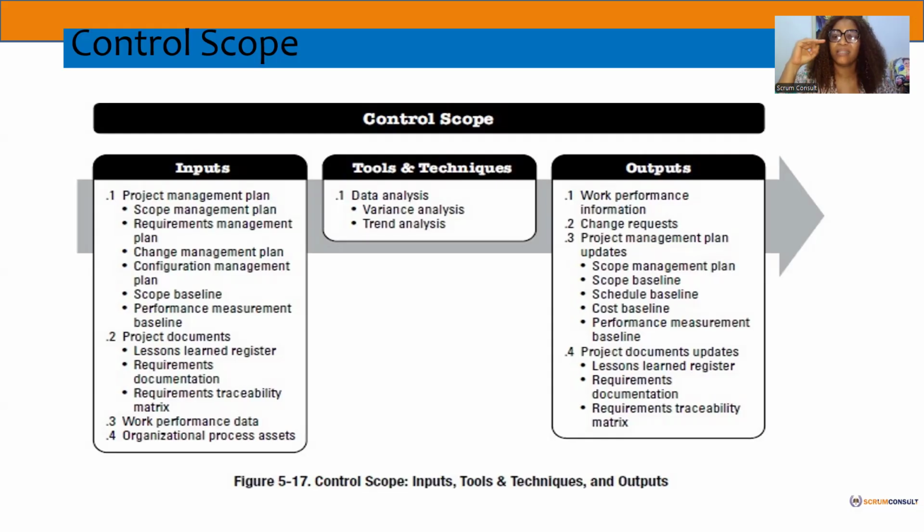Work performance data is basically talking about your plan. By the time you look at your variance, you get your actuals. You're able to interpret that into information, okay? And you present that information to your stakeholders. That is when it's useful to them, okay? And the need for changes will come up.